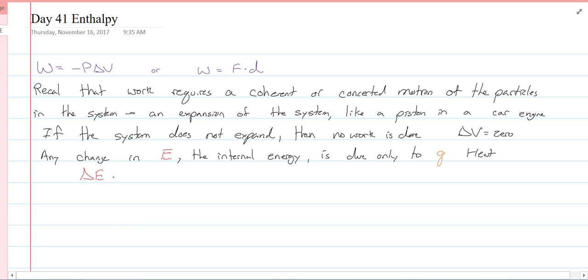Delta E then equals Q. So the change in internal energy equals the heat. Or sometimes we'll write delta E equals Q_V to indicate constant volume.